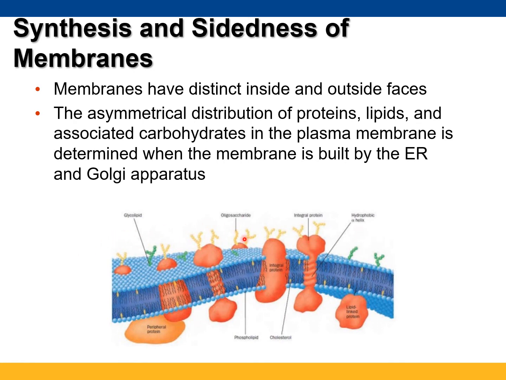The outside is rich with carbohydrates, some proteins. The inside is much more rich with proteins, but you don't see any carbohydrates. So again, be able to determine which side is which based on where the carbohydrates are located. But we make plasma membrane in a structure called the Golgi apparatus, named after the person who first identified it.